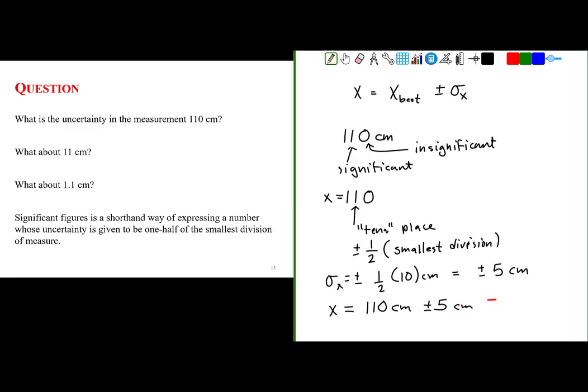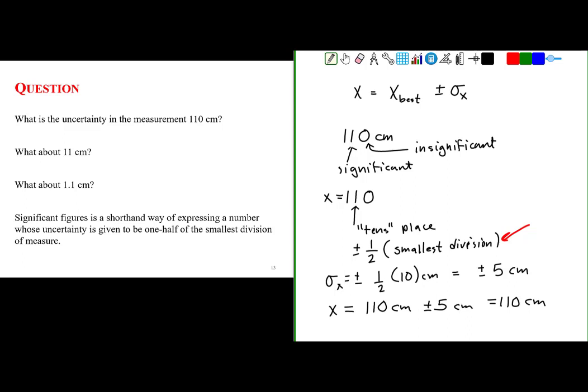This value and this value are equivalent. And the reason why we consider them equivalent is because whenever a single number is listed without listing explicitly its uncertainty, we follow a certain rule that says the uncertainty is given by plus or minus 1/2 times the smallest division of measure. Here, that smallest division of measure is going to be considered the tens place because the 0 in the ones place is considered insignificant.